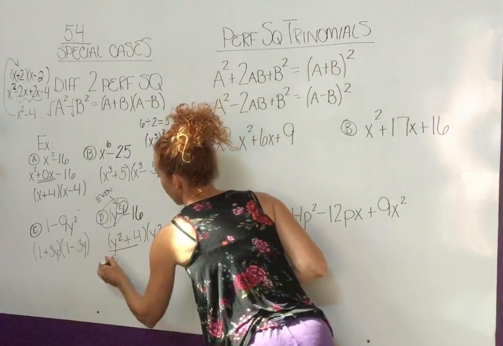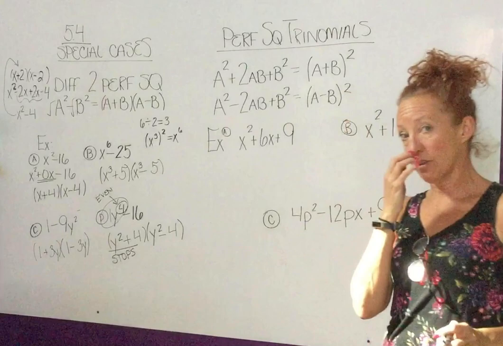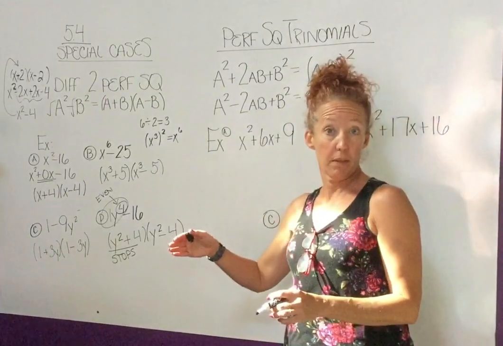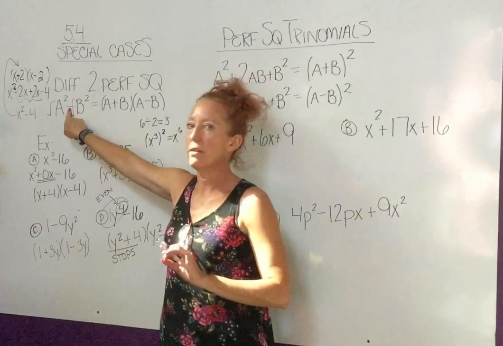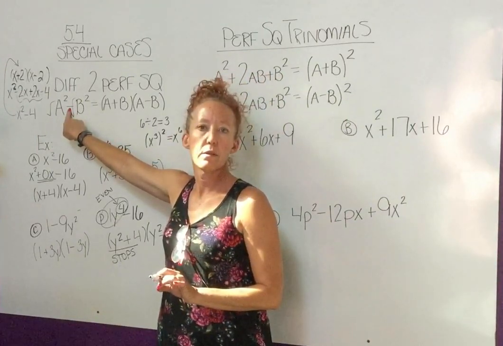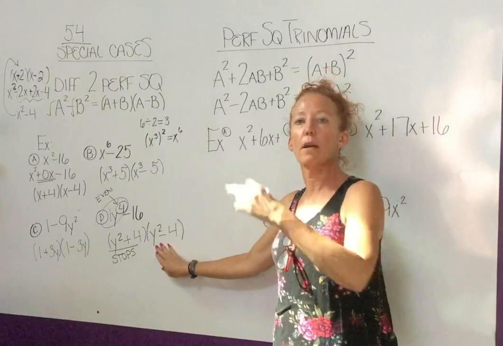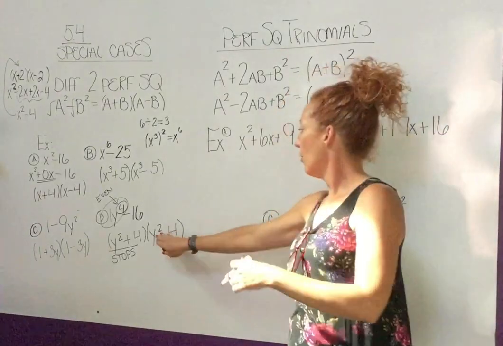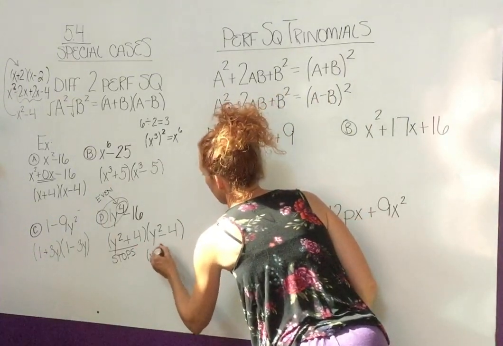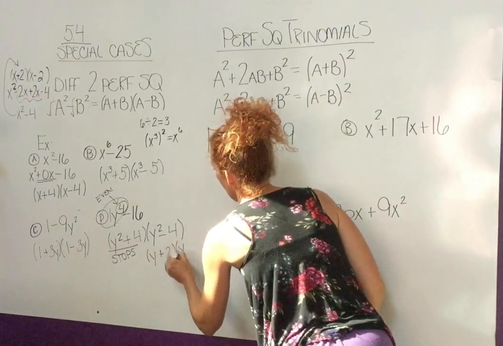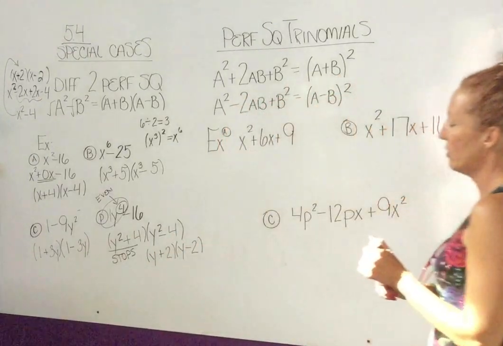This one just stops. You cannot continue to factor, and that's the next thing I'm going to put on the board. You can't factor if that's a plus. There is no trick for that. All right? But this one can be factored one more time. So this one is going to become y plus 2 and y minus 2, because the square root of 4 is 2.